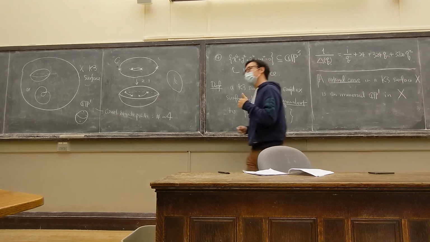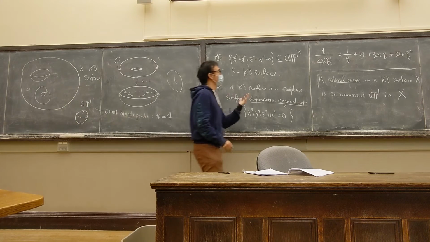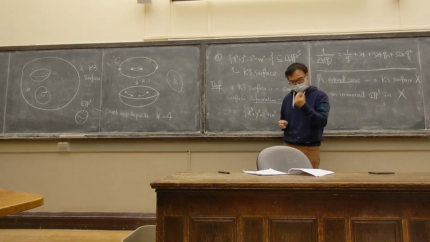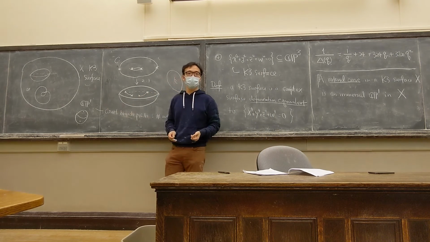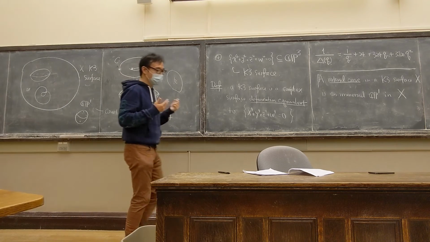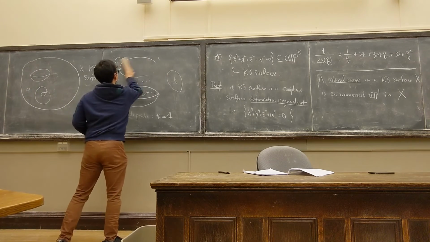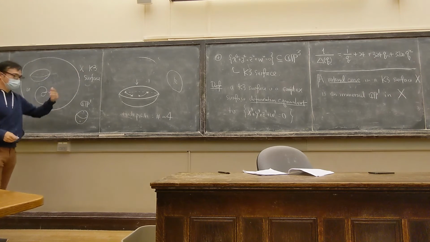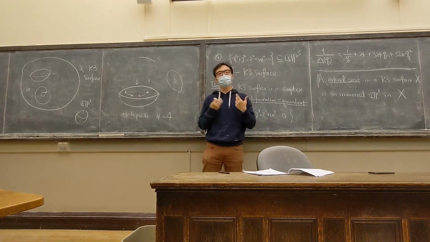But there's one idea that we have missed, which is that you want to produce infinitely many numbers here. Which means you have to have an index. You have to index the rational curves inside a K3 surface in some way. And for doing this, we require something called degree. So if we just consider immersed CP1 inside a K3 surface, we certainly cannot get infinitely many numbers, but we have to consider a more refined problem.